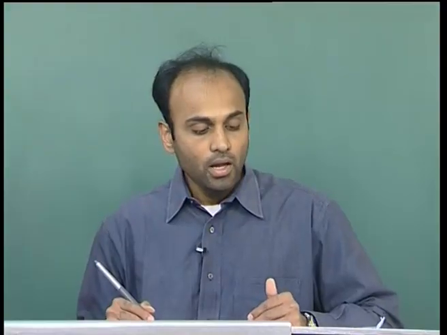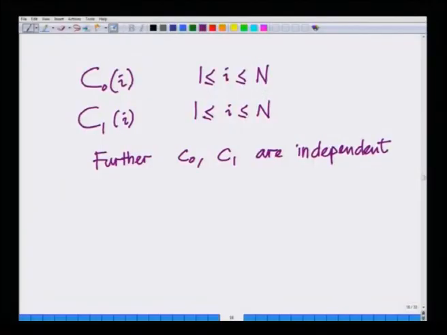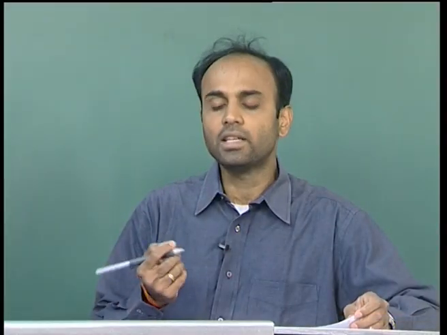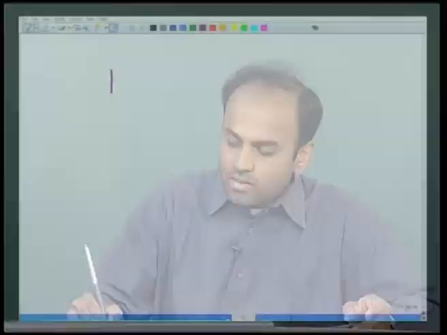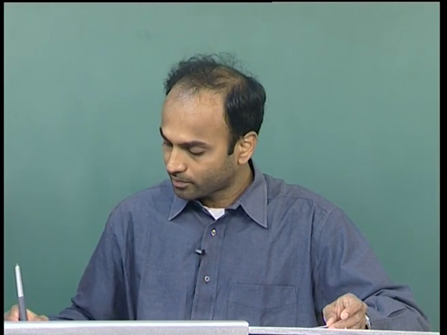Alright. Now, let us look first at some properties. Let us start with a very basic property. Let us say I take any single chip of any sequence, let us say I take a chip of C0. What is the expected value of a chip of a sequence? Let us say I take the expected value of C0 i, some ith chip. I ask you what is the expected value of this ith chip.